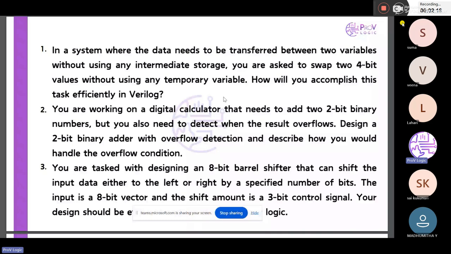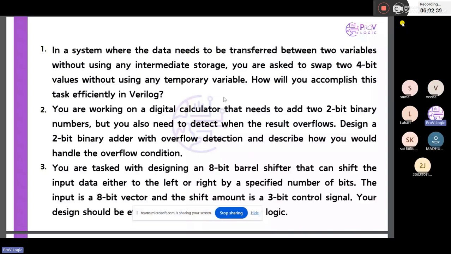Actually, it is a swap operation. Swapping means what? Suppose A is equal to 10 and B is equal to 20. We need to do a swap operation. That means B should get A's value, and A should get B's value. Both are interchanged. So how are you going to write the program in Verilog HDL?